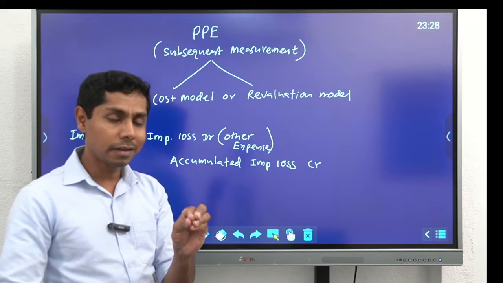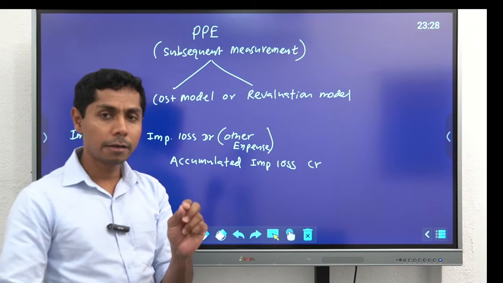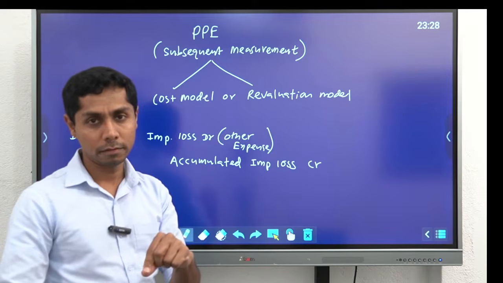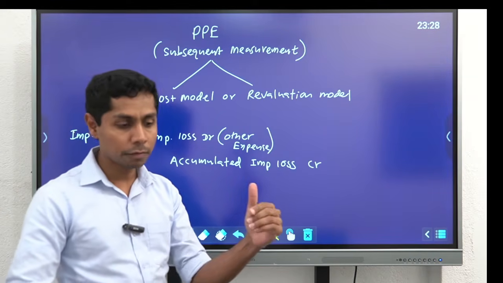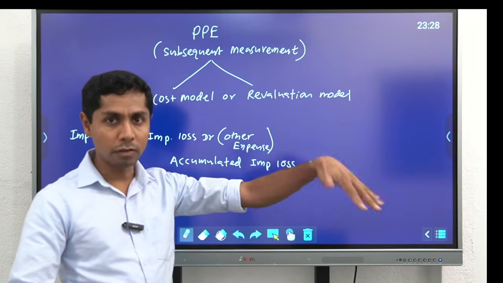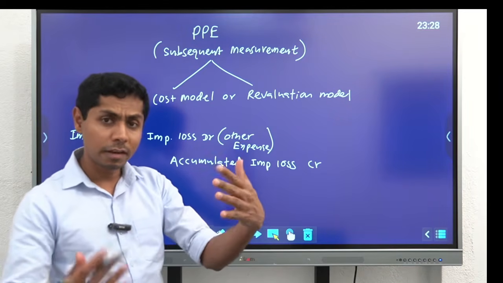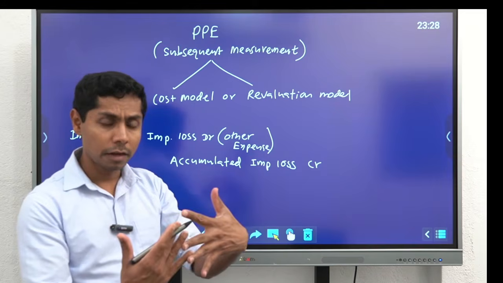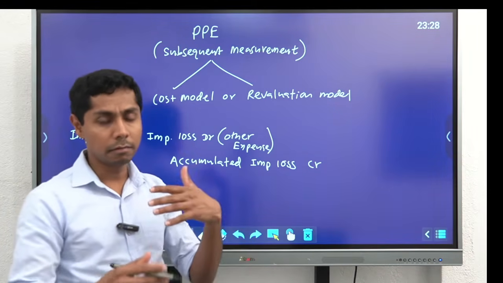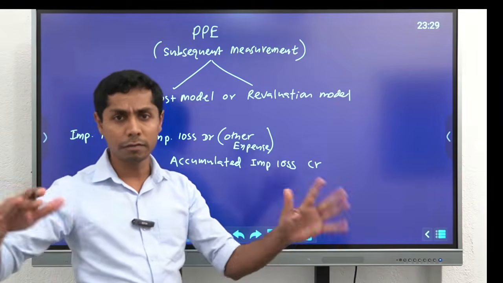Practically, you can combine these two accounts: accumulated depreciation and accumulated impairment loss. You can, but alternatively you can keep two accounts, it doesn't matter.